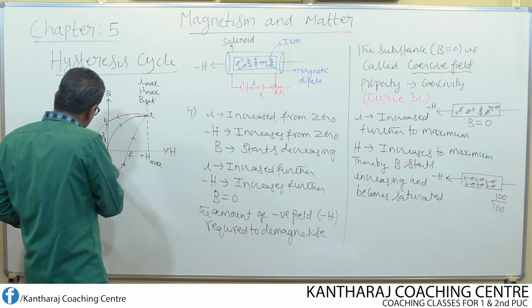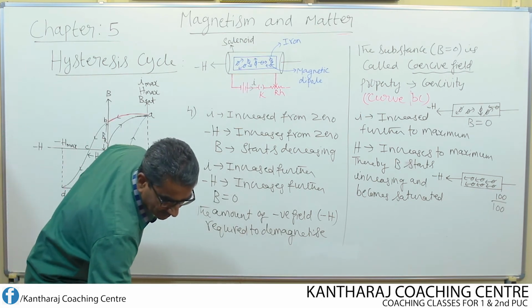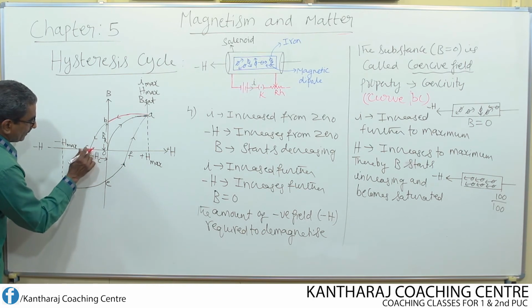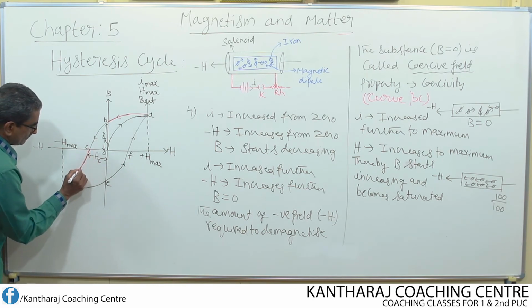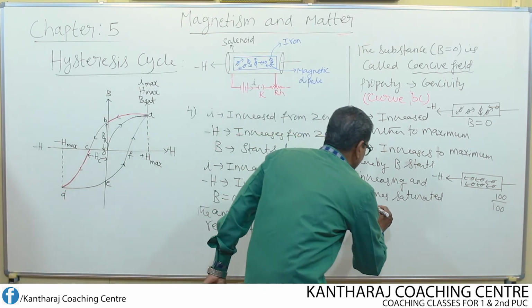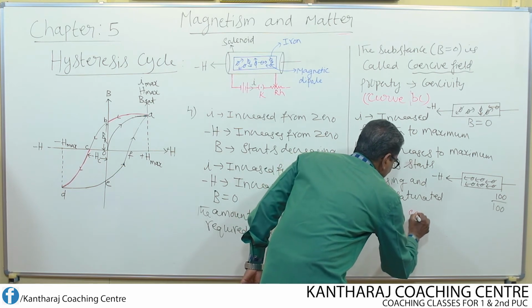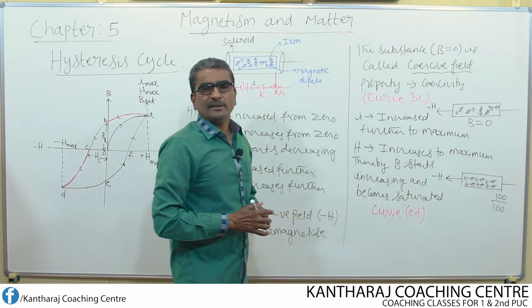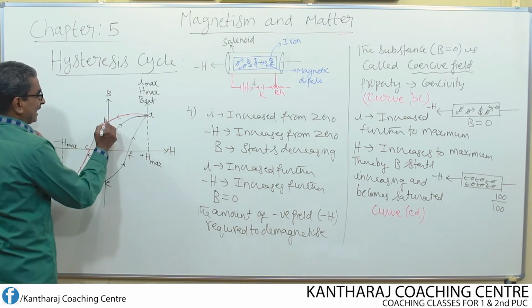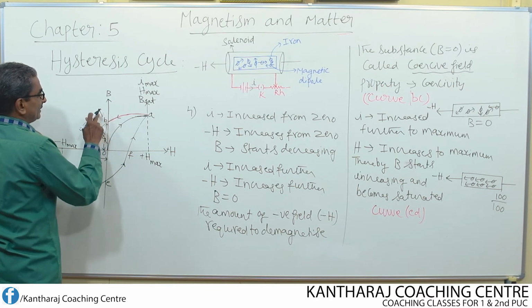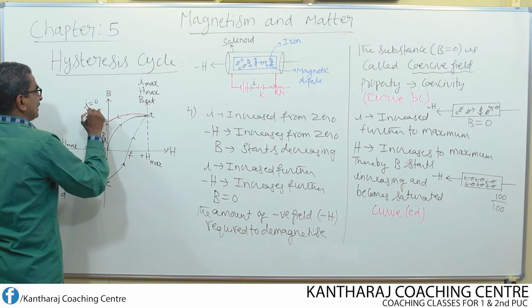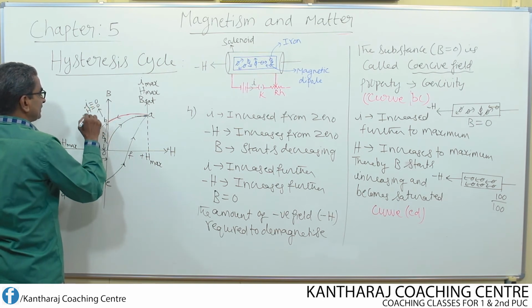Now this operation is represented by the curve. Let us call this curve, look here, CD. So this operation is represented by the curve CD. Okay. Now let us write what has happened at different stages. At this point, what happened here? I is equal to 0, H is also 0, but B is not equal to 0.